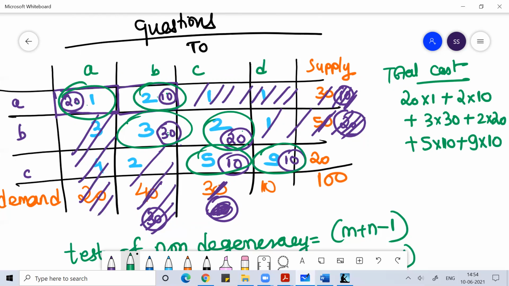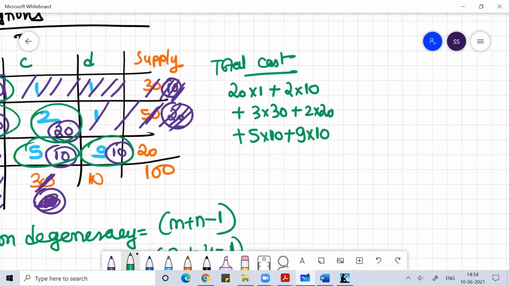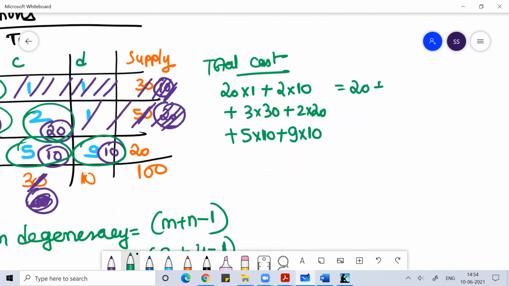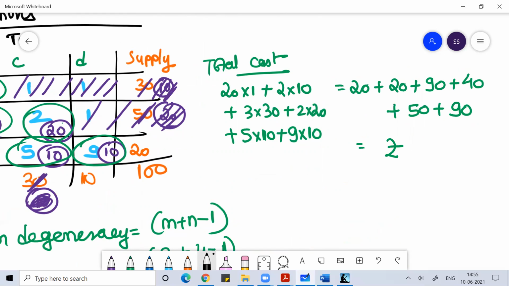So the total cost is 20 plus 20 plus 90 plus 40 plus 50 plus 90. That is 20, 40, 80, 80 plus 50, 130, 130 plus 90, 220, 220 plus 90, 310. So your total cost is 310 rupees.